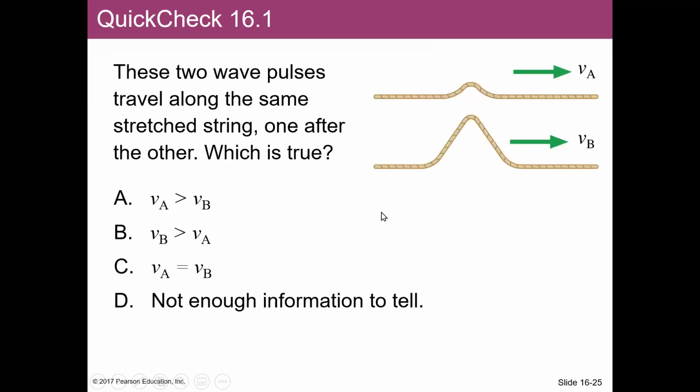And if we take a look at this quick check question, we see two different waves, two different pulses on the same string. How do their speeds compare? Okay, the speed of the wave is equal. That's what this question is asking: how do the speeds of these pulses compare?